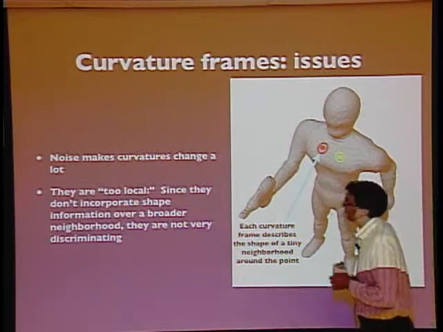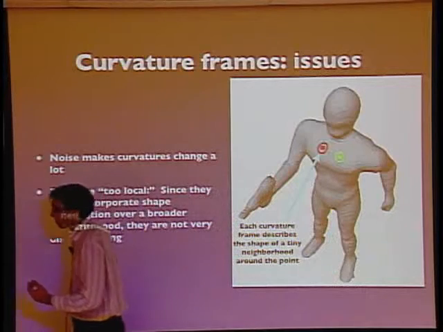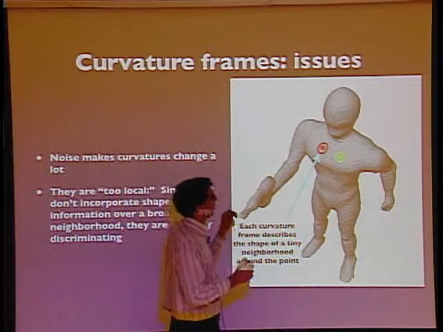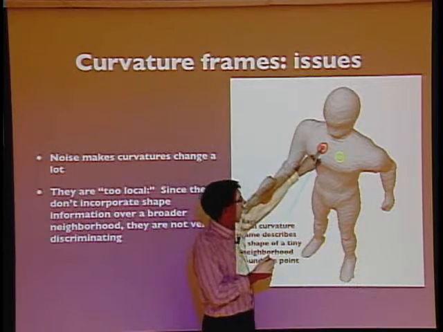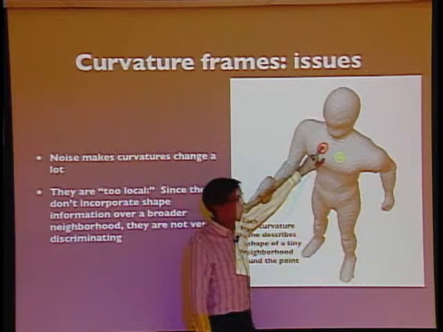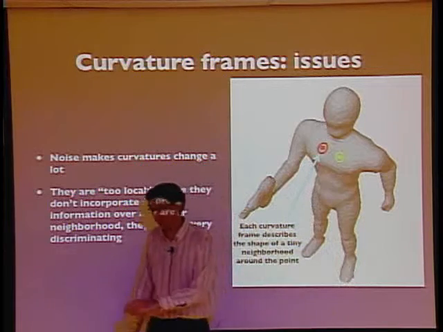So if you go back to what we were talking about earlier, basically what this means is that your shape signature covers such a teeny tiny part of the surface that in your scene, you had better be lucky enough to sample the surface exactly at this location, or you're never going to find a match for it, because it only covers such a teeny tiny portion of the surface.